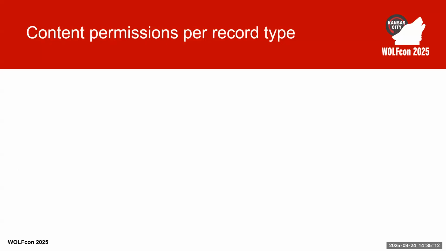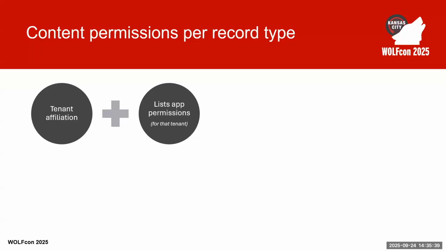So another thing that's essential about the Lists app is how we manage access to the content in the Lists app. This is a slide we'll be talking about ECS specifically, but all of this is true for a non-ECS version minus the tenant affiliation. In the Lists app, for a given tenant affiliation, you have to have access to the Lists app in that tenant.